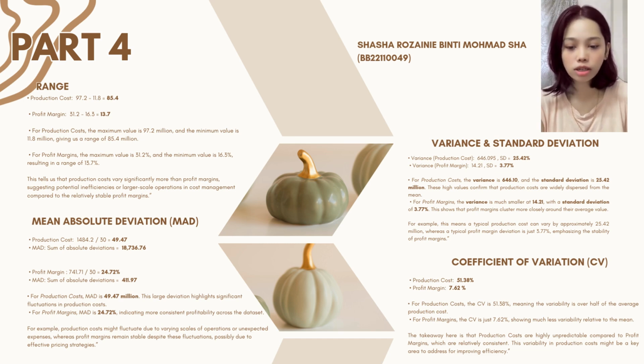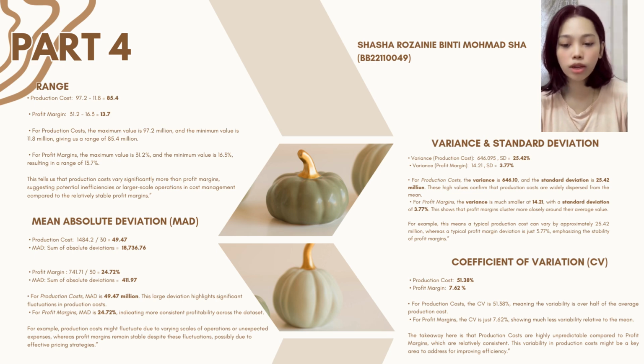For profit margin, the maximum value is 31.2% and the minimum value is 60.3%, resulting in a range of 13.7%. Instead, the production costs vary significantly more than profit margin, suggesting potential inefficiency or large-scale operation in cost management compared to the relatively stable profit margin.